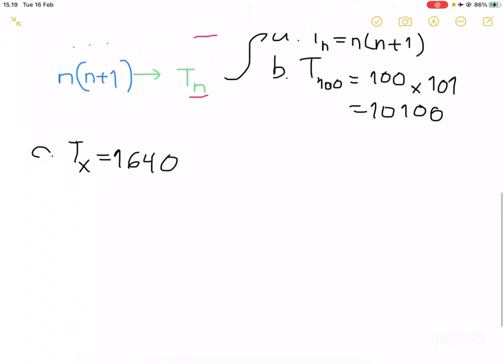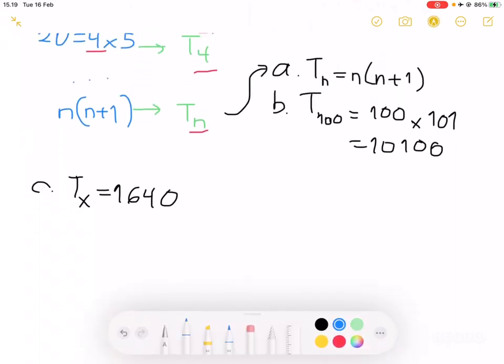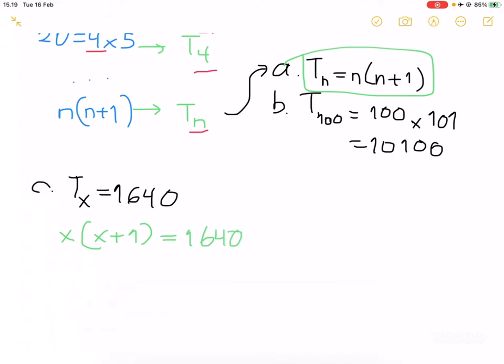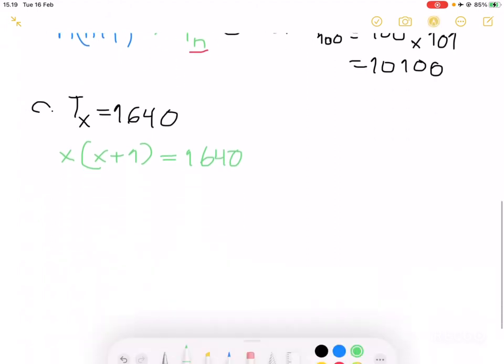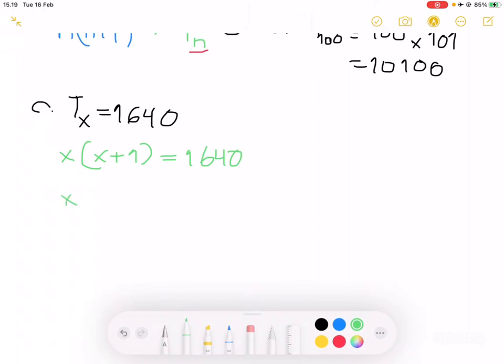And using our known formula right here, except we just change the variable into x. So x times x plus 1 is equal to 1640. And then with this you can just form a quadratic equation. So what you'll get is x squared plus x minus 1640 equals 0.